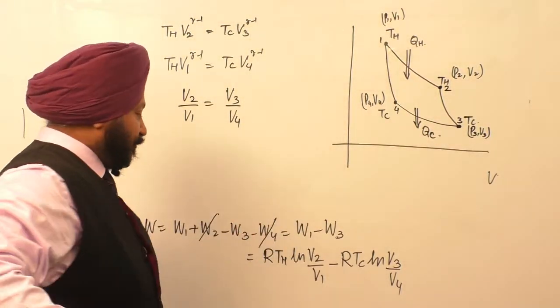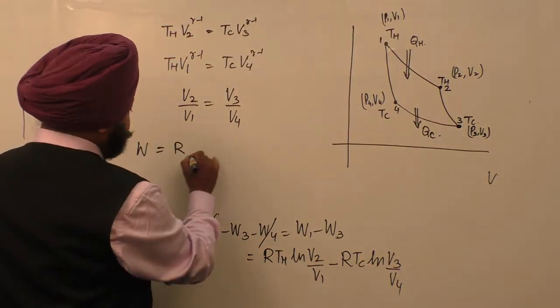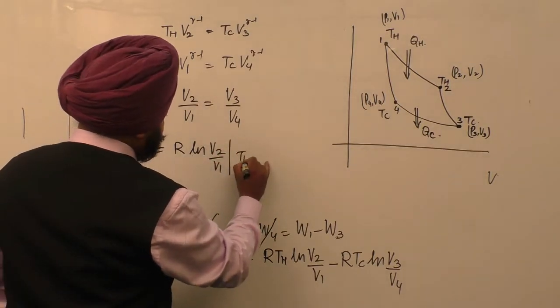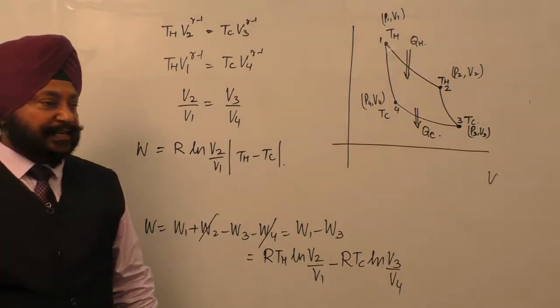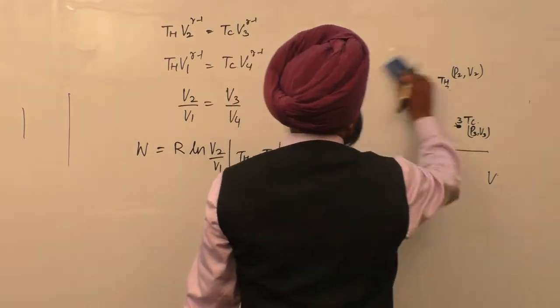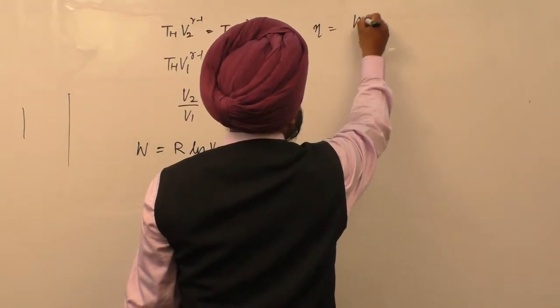Now if you want to find the total work done, it will be R, which we can take common, times log of V2 over V1, times TH minus TC. Now what is the efficiency of this Carnot heat engine? Efficiency is the total work done over heat extracted.